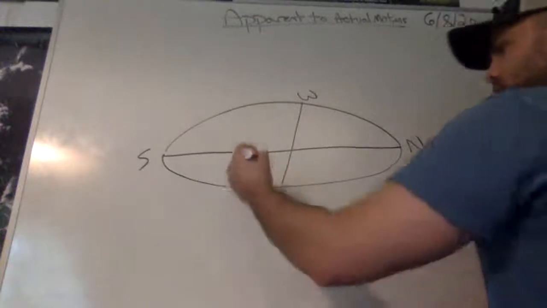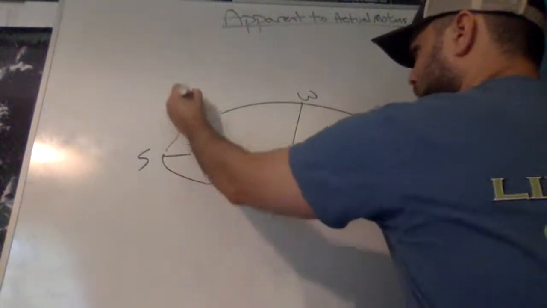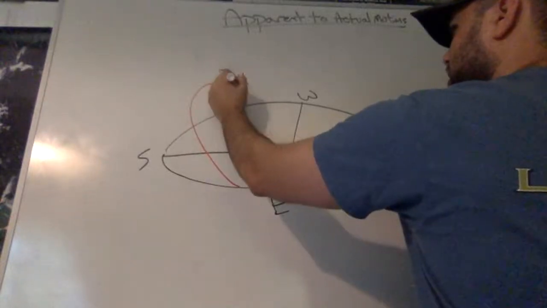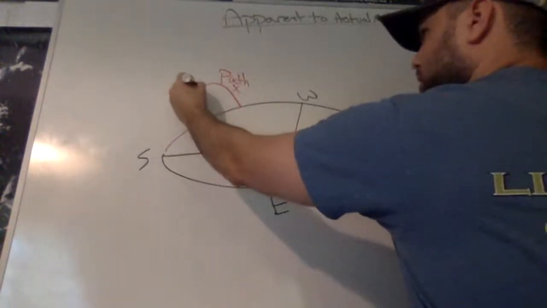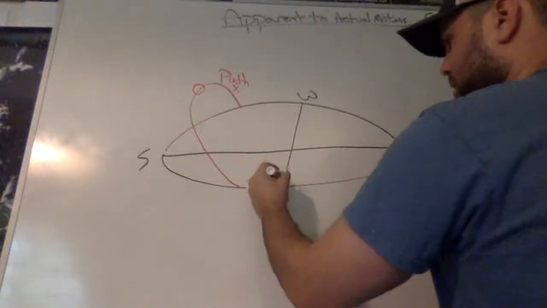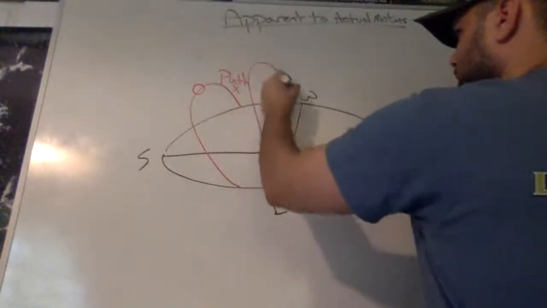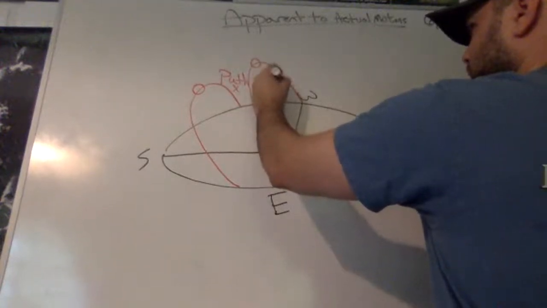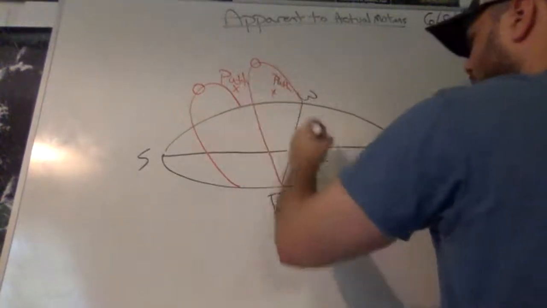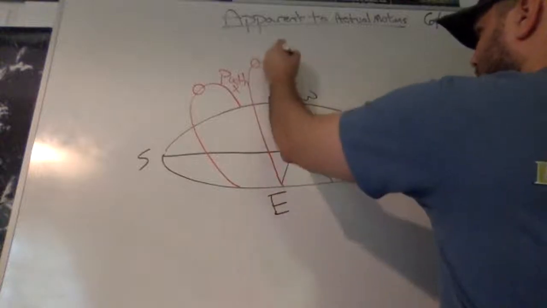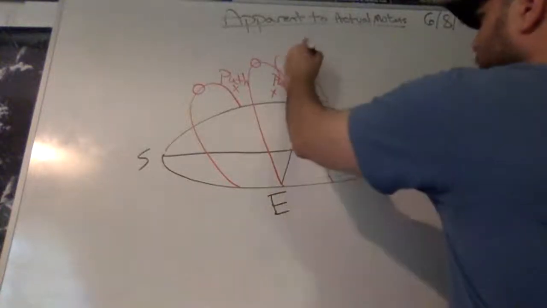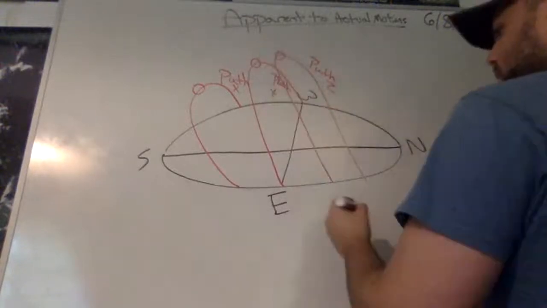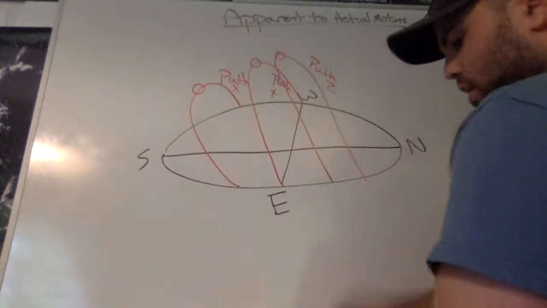So I'm going to put this first pathway, this is path X. They give us another one, which they say is path Y. And then they give us path Z. And they are saying that you're located right over here.